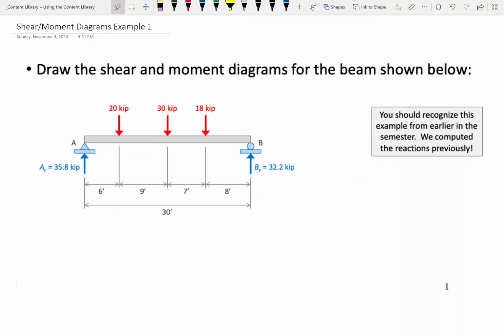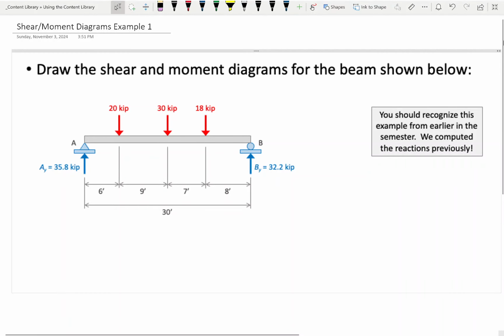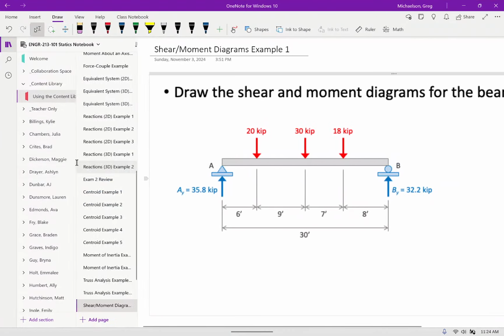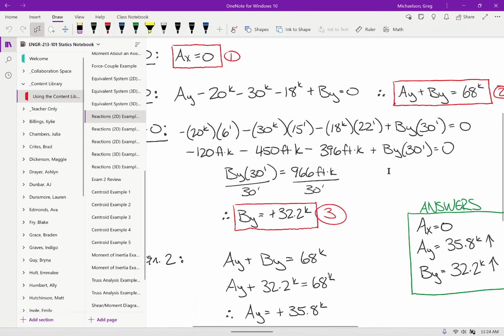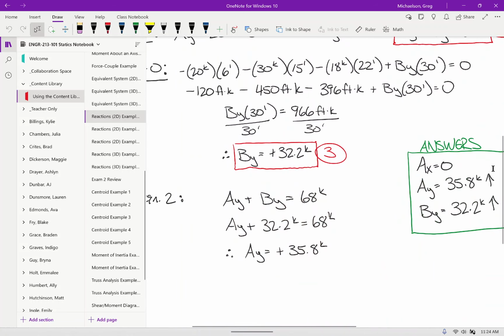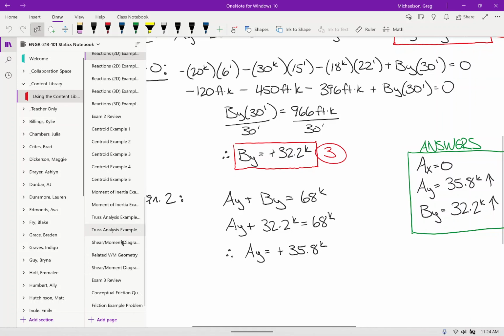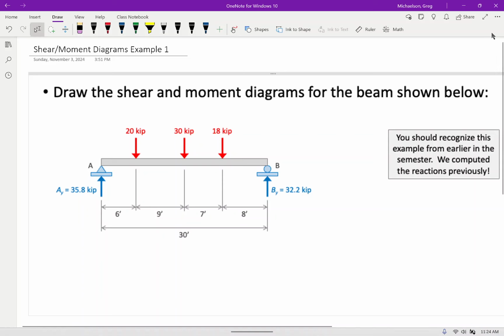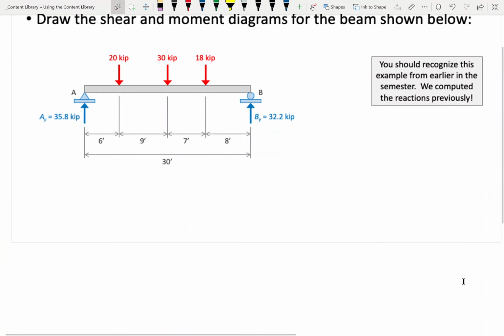Because if you don't, I think it was our very first reactions problem. Let's go back in time because I'm feeling nostalgic. Yeah, this is the same problem. Reactions example 1. So we got AY is 35.8, BY is 32.2, and that's what we're doing here. Okay. So far so good?